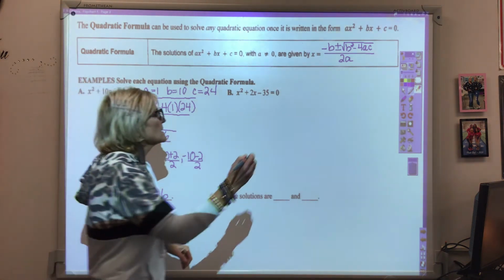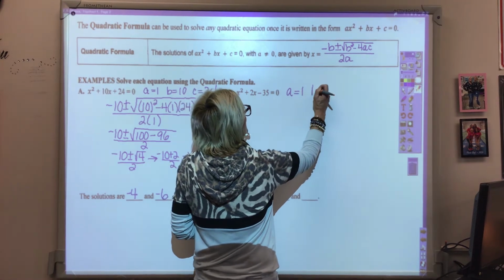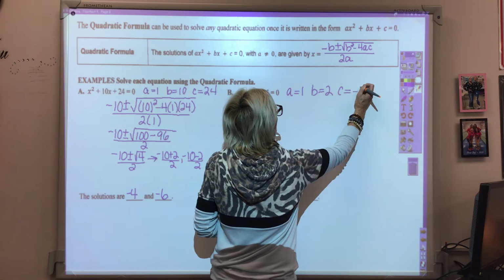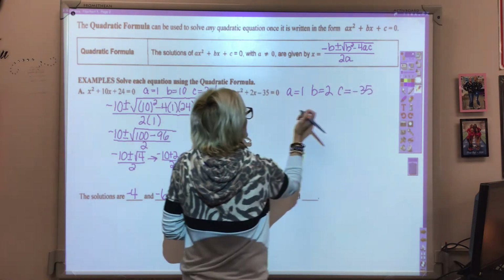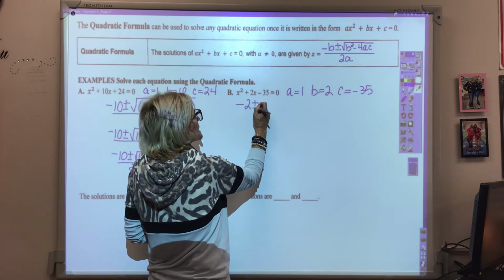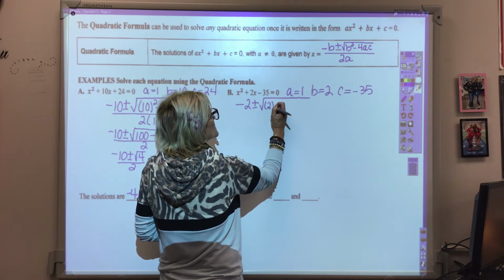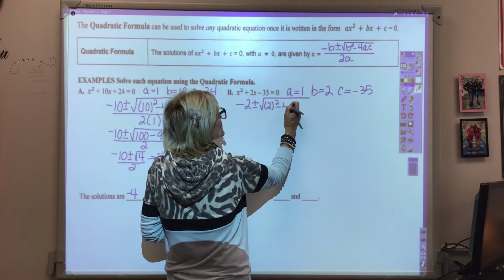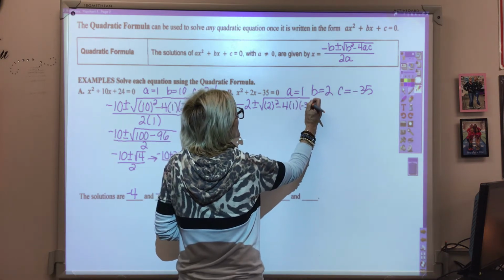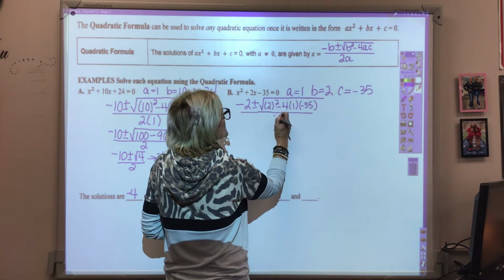All right, on B, our A term is 1, B is 2, C is negative 35. We take the opposite of 2 plus or minus the square root of 2 squared minus 4 times 1 times negative 35, all divided by 2 times 1.